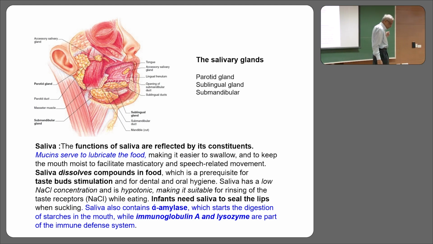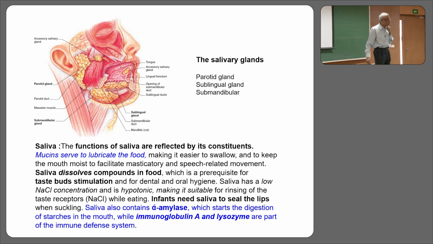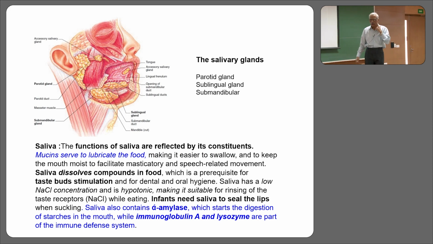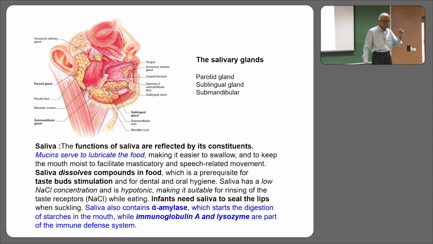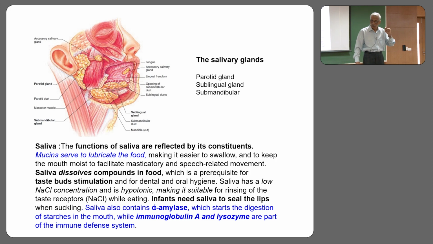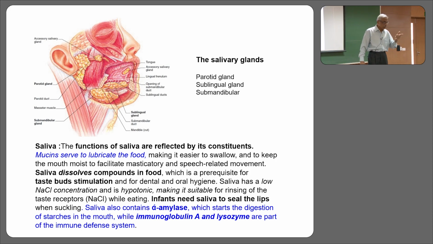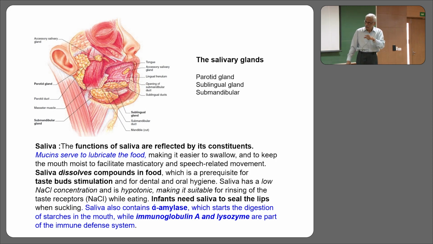Let us begin at the level of the jaw. You can't really chew the food without saliva. Why is saliva important? Because it's only when we chew the food, it is broken into smaller fragments, and it is dissolved in the saliva, that your taste buds can have access to the food.